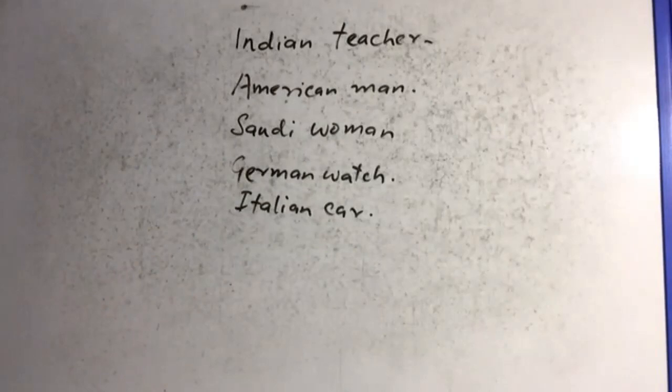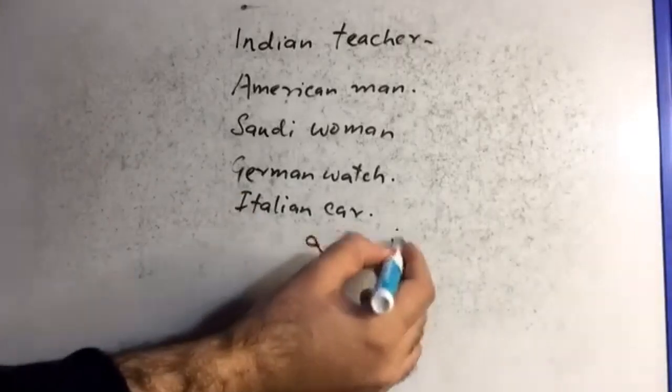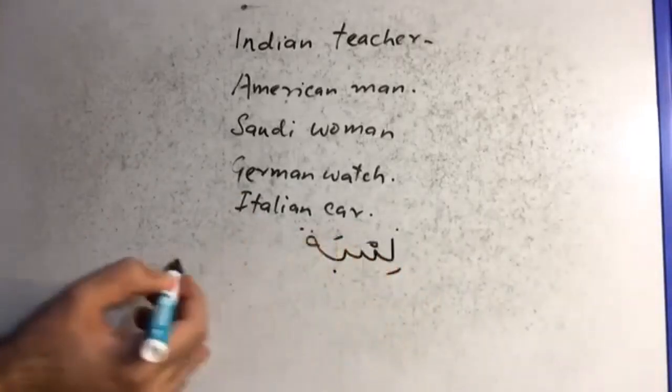So this is an adjective, right? Indian is an adjective. It is a sifat of a teacher. This is a category of adjectives we are studying right now, known as sifate nisba. Nisba, okay?